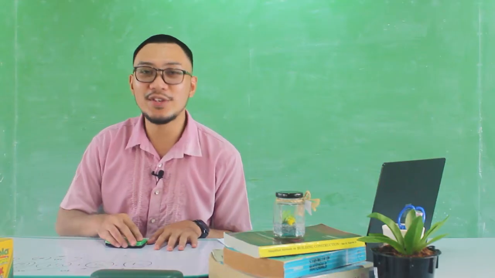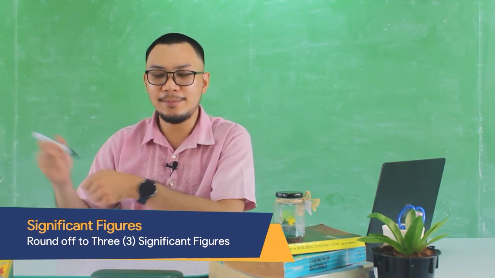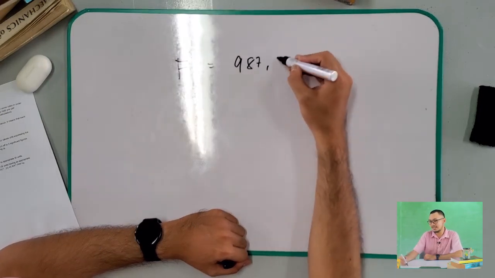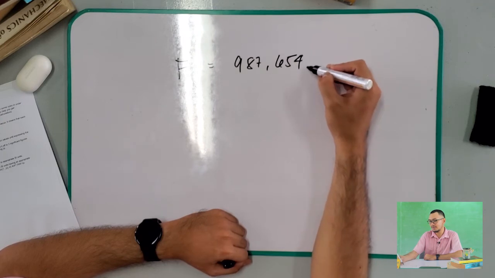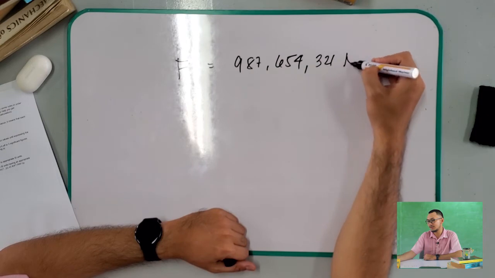Okay. So, for significant figures, I guess you already are familiar with significant figures, right? And in this course, sa atong subject, we will always round off our answers to three significant figures. So for example, you have an answer sa imong force nga 987,654,321 newtons.